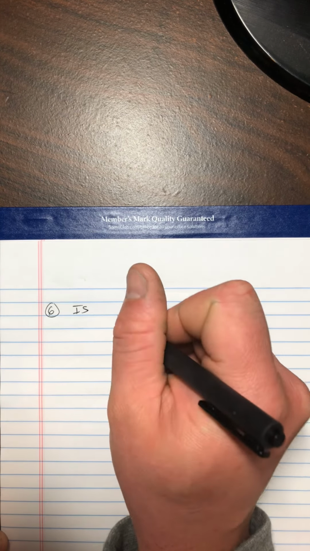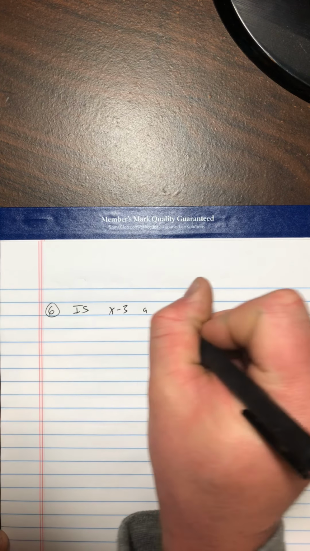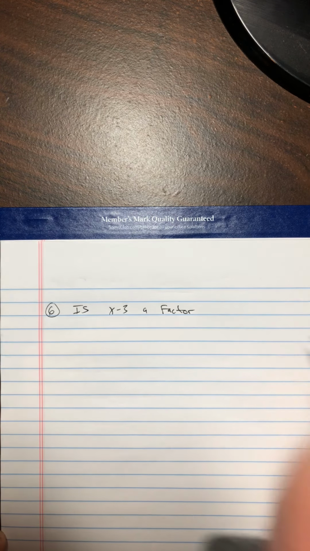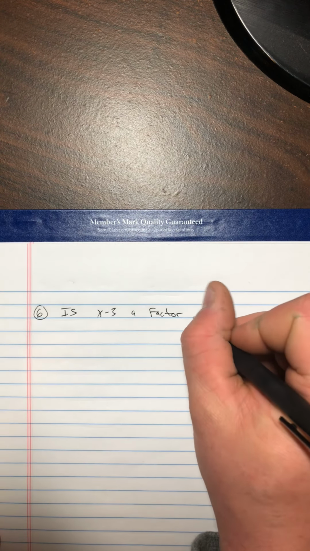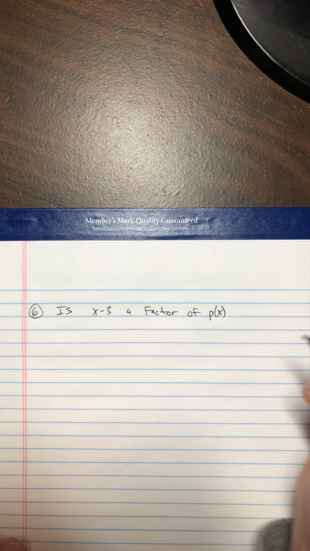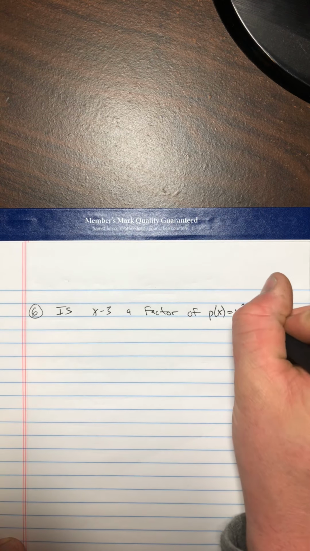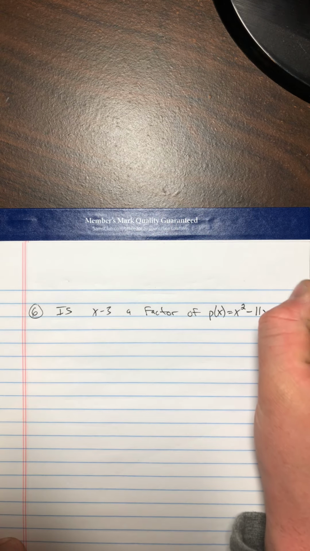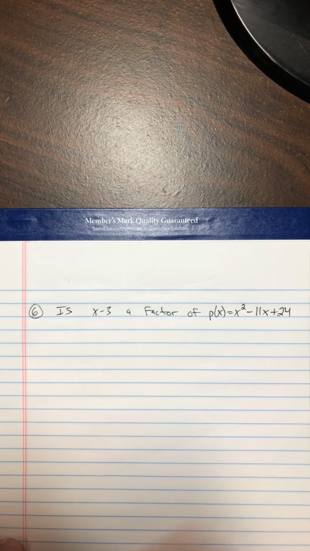The next thing I want you to look at for the notes. If you go to number 6 in the notes, if you have them, if not, just follow along. Number 6 says, is x minus 3 a factor of p of x? This p of x is x squared minus 11x plus 24.